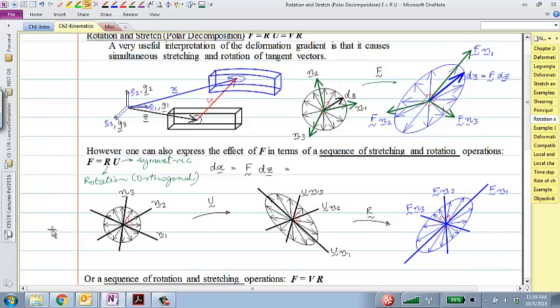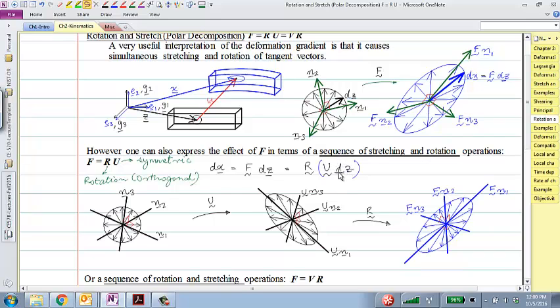So this U is a symmetric tensor, and that gives me a unique decomposition of F into two tensors R and U, and the way that it would act on an undeformed tensor dz when F acts on this to give me dx, the way I would write that would be R times U times dz, and first U will act upon dz.